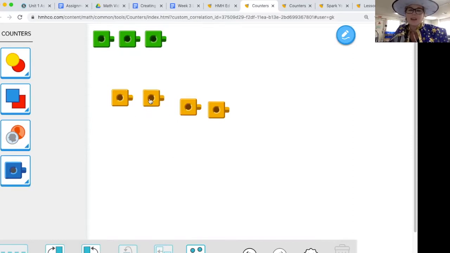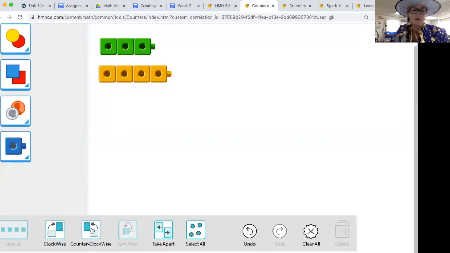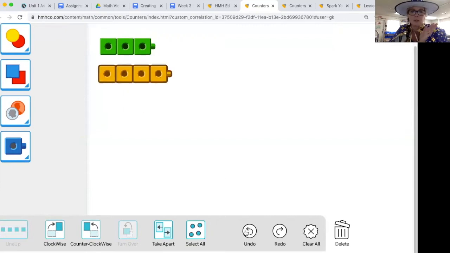I know they're not lined up, you're right. And now that green row looks just so pretty. Let's make the yellow row look just, oh my goodness, they even connect, you guys. So fun. You could build something with it. Oh my goodness, and look, you can rotate them. Rotate clockwise. Oops, I didn't want to do that. I want them to be separate groups. Okay, there we go. But that's pretty fun.